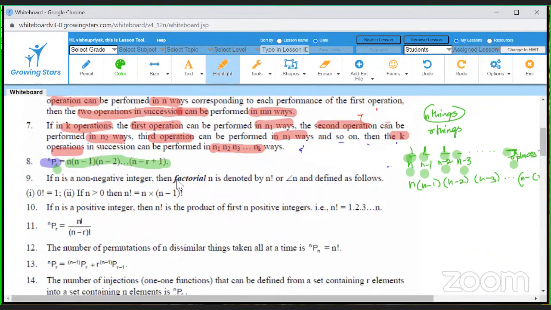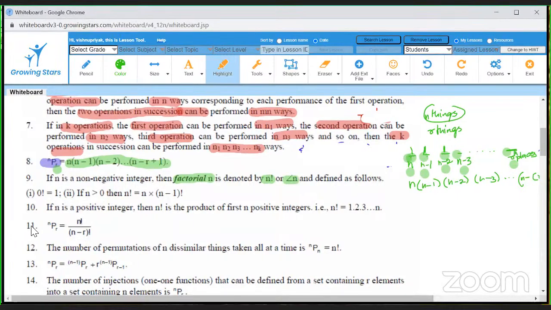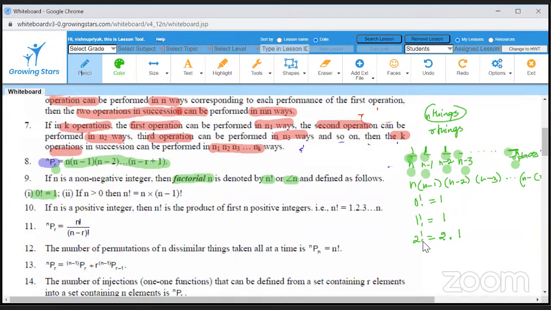First, we will learn about factorial n. Factorial n is written like this or like this. What is factorial n? 0 factorial is 1. 1 factorial is also 1. 2 factorial means start with 2, subtract 1, so you will have 1.